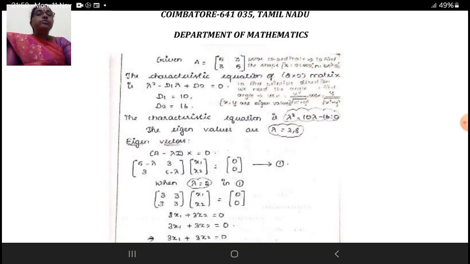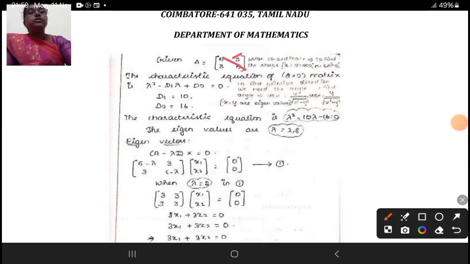Here d1 is the sum of the diagonals, that is 5 plus 5 equal to 10, and d2 is the determinant, that is first cross product minus second cross product, which gives 16. If we know these two values, we can substitute here. So the equation is lambda square minus 10 lambda plus 16 equal to 0. From this, 2 and 8 are the eigenvalues of this matrix.